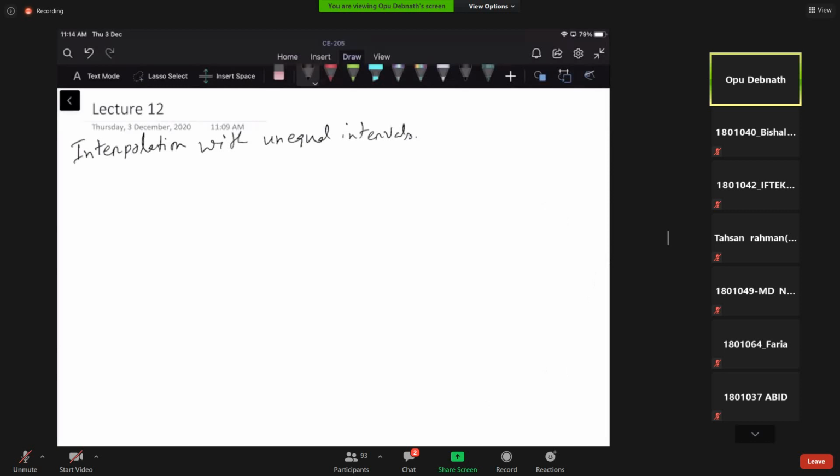So for these types of problems, it's sometimes not possible to maintain the exact equal interval. If you face a data set with unequal intervals, suppose f of x is a function.